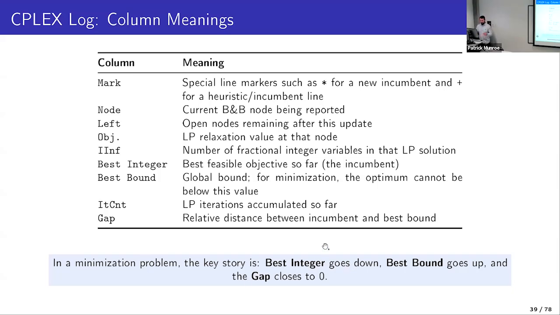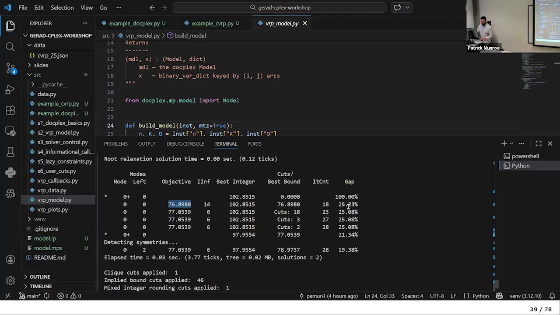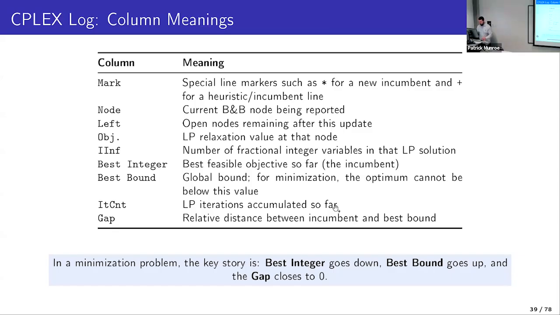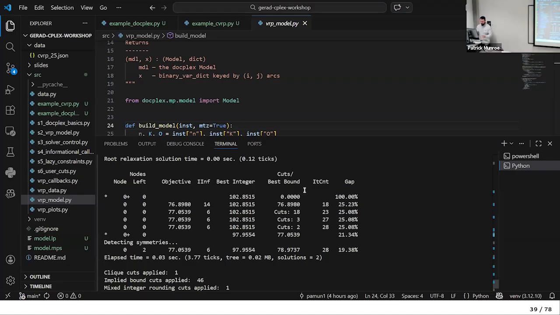The distance between the best bound and the best integer is called the gap. It's a relative distance, not an absolute distance. You essentially take the bound minus the best integer in absolute value divided by the bound, or maybe the integer. I'm not sure, but it's some relative distance between the best bound and the best integer.